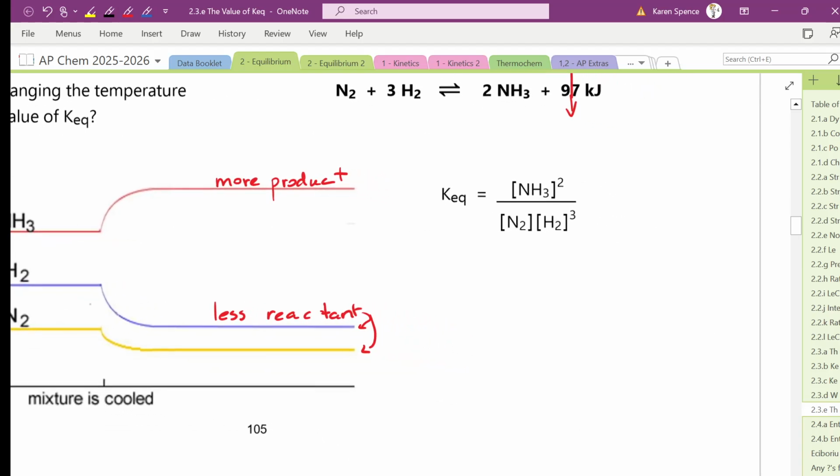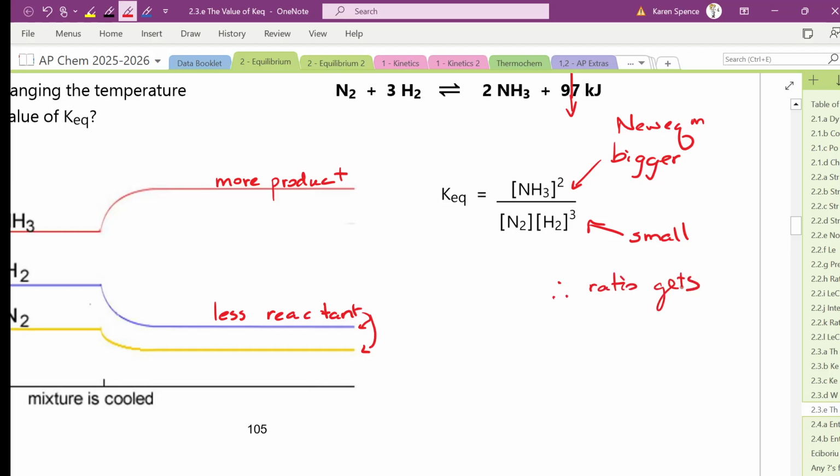And what that means is that this has gotten bigger at the new equilibrium, and this has gotten smaller. Therefore, the ratio gets bigger.